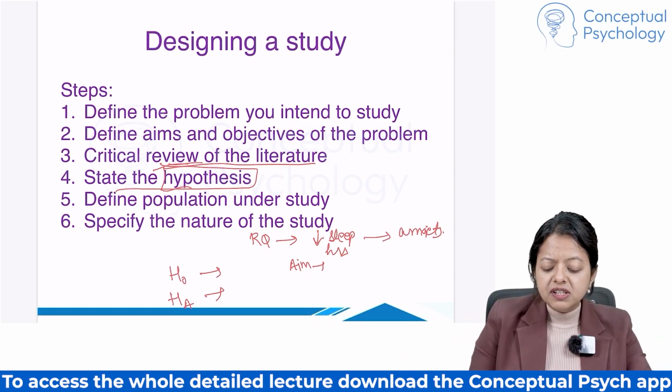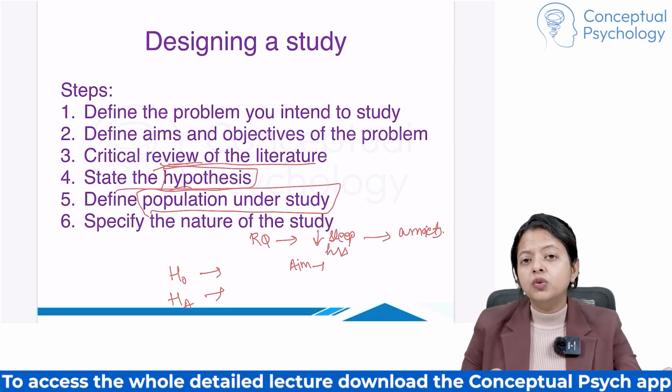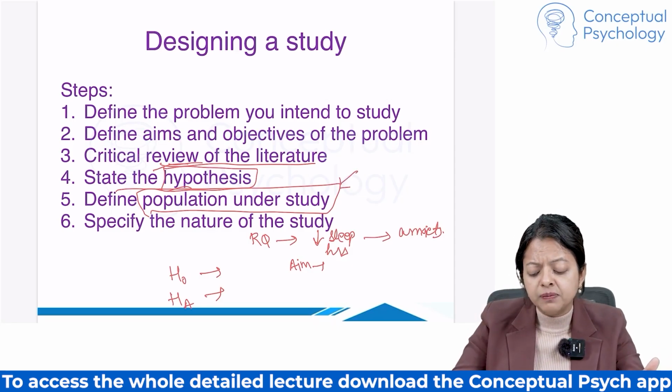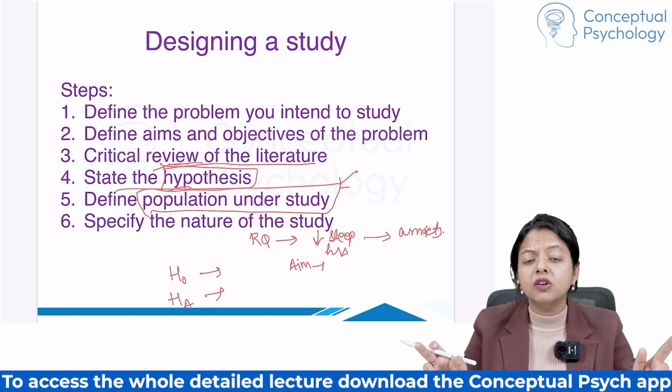So the next step is to define the population under study, like in what age group, in what type of people you want to undertake this study. You want to take it among children or among adults, among elderly, any gender specificity, male or female, or some occupation group.